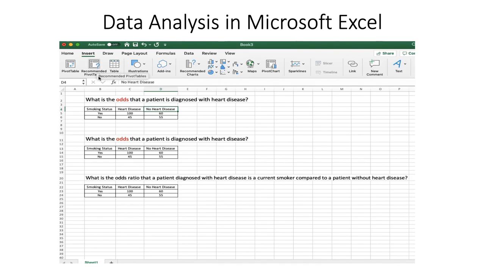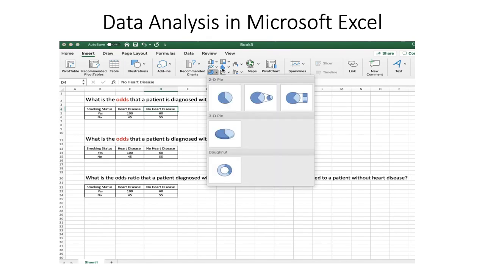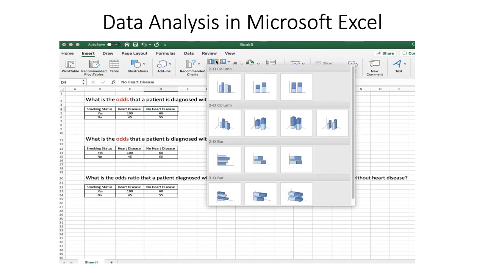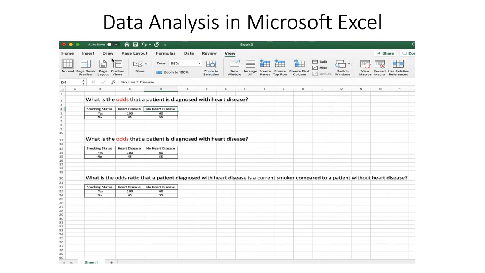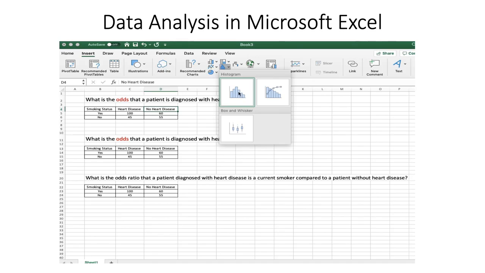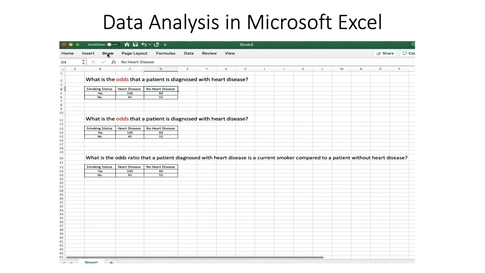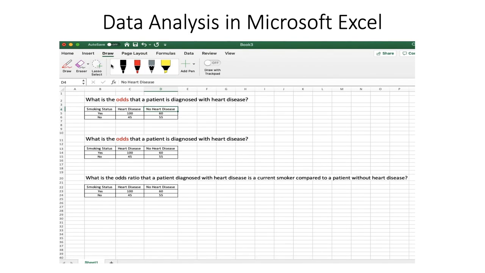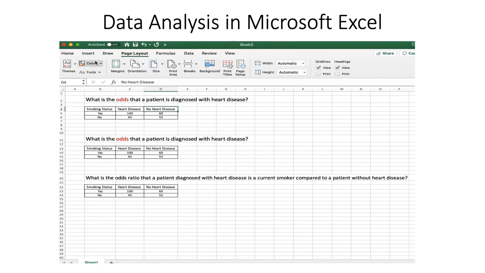That's really important if someone is working in the business industry or healthcare industry and they're working with information such as healthcare claims insurance, and then also the different charts here. So you can create a pie chart, bar chart, I believe. This one over here is a histogram, and then you have the drawing part, and if you need to erase important materials, and page layout.